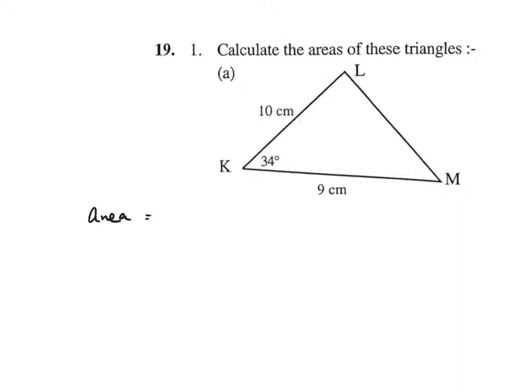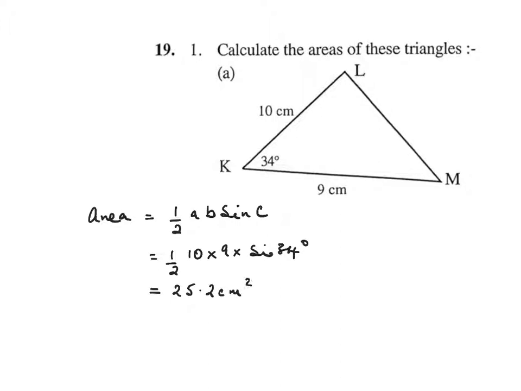Area is nice and simple. The area of the triangle is a half ab sine C. Half of 10 times 9 times sine of 34 degrees. That gives me 25.2 centimeters squared.